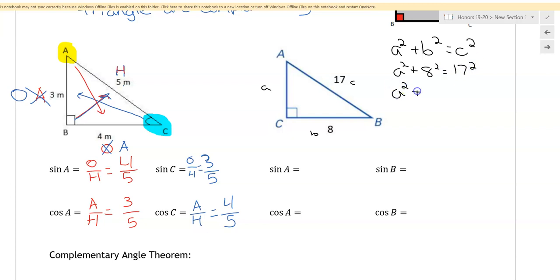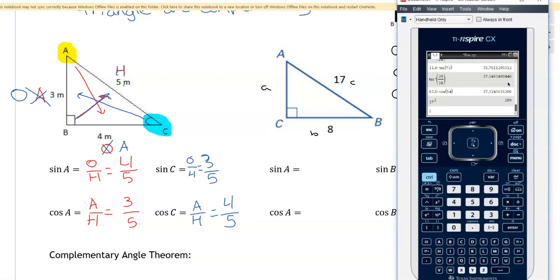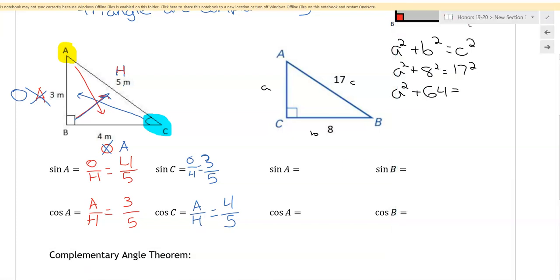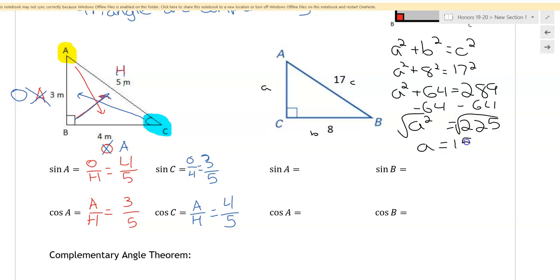A squared plus 64 equals 289. Subtract 64 from both sides, and we get a squared equals 225. Square root, a equals 15.